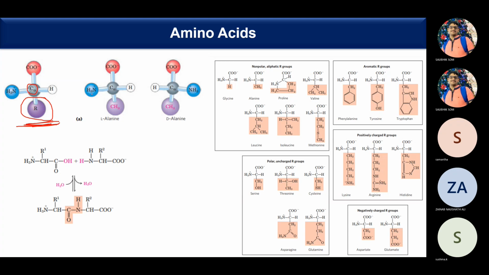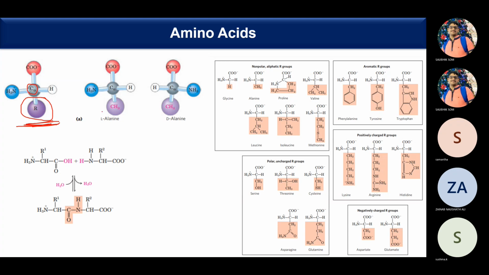Now, as with carbohydrates, this alpha carbon is a chiral carbon, so the amino acid will rotate plane polarized light differently, either L amino acid or D amino acid.